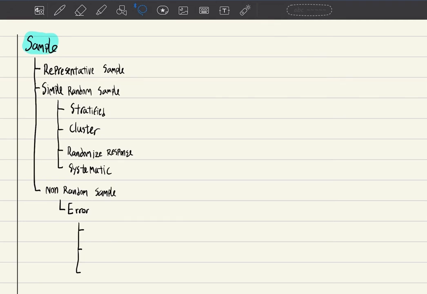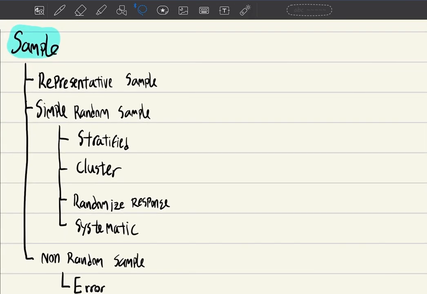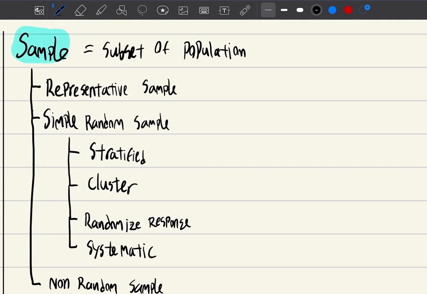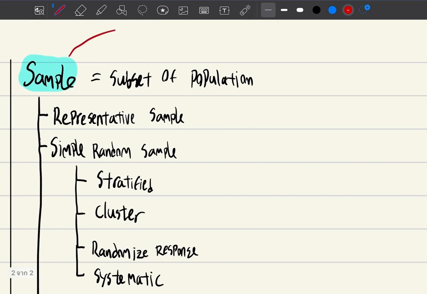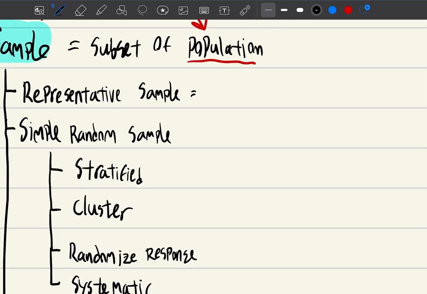So now we're going to come to the last part of chapter 1, which is sample. The sample is the subset of the population that we're interested in studying. We use sample information to make estimations and projections for the population. The first type of sample is a representative sample.